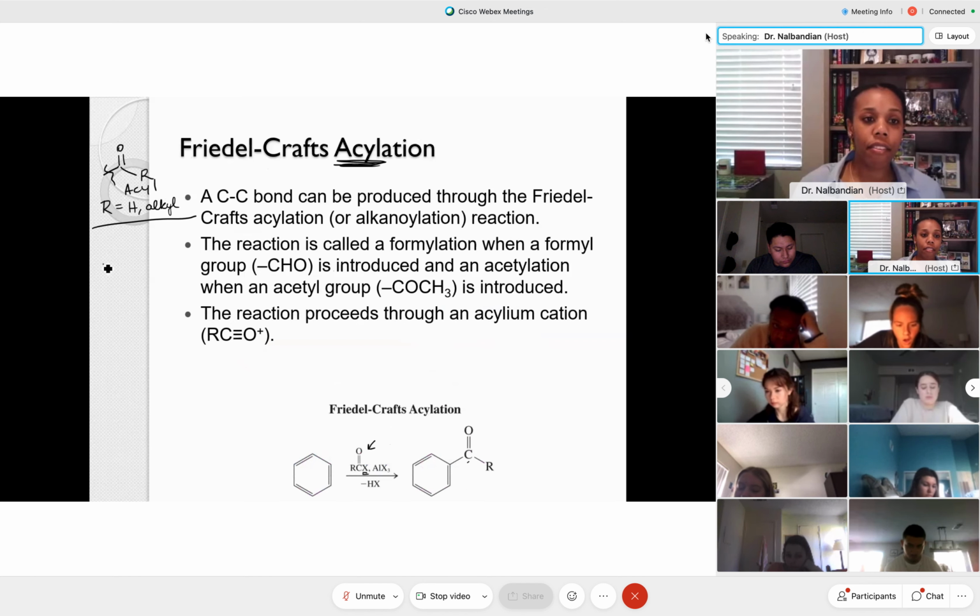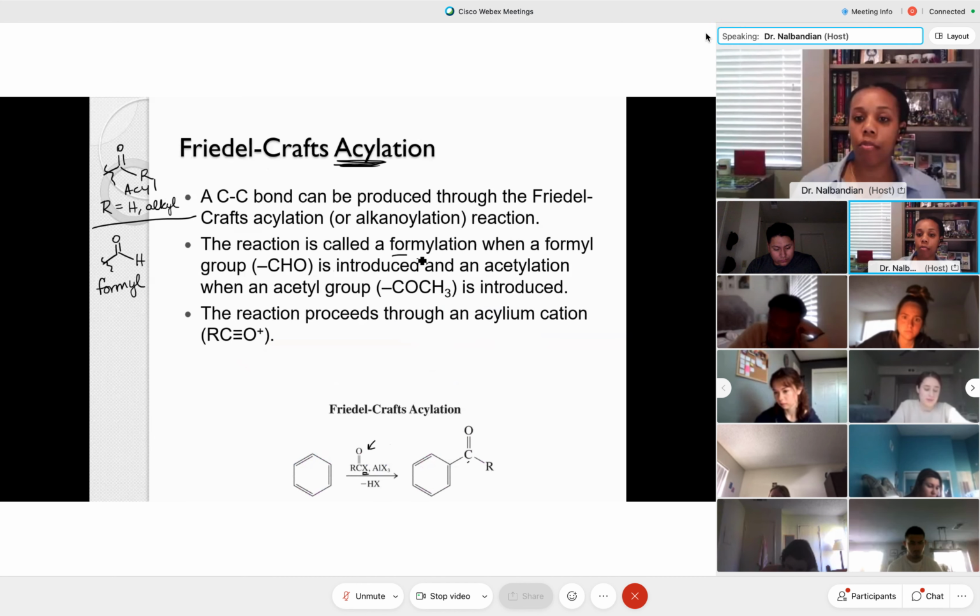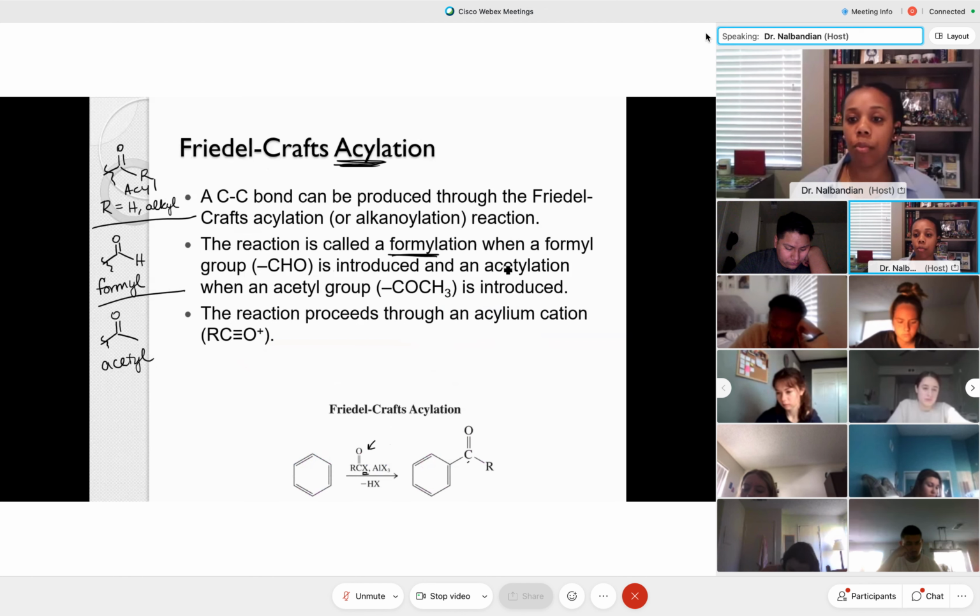If R is a hydrogen, then this would be called a formyl group, and the reaction would be called a formylation instead of an acylation. If R is just a methyl, this is called an acetyl group, so it would be called an acetylation.